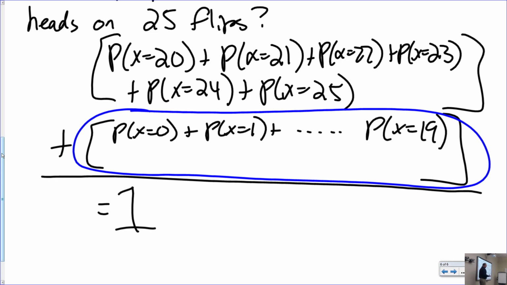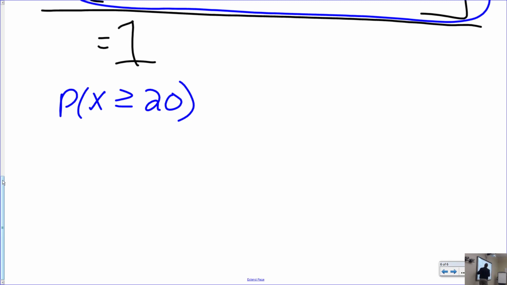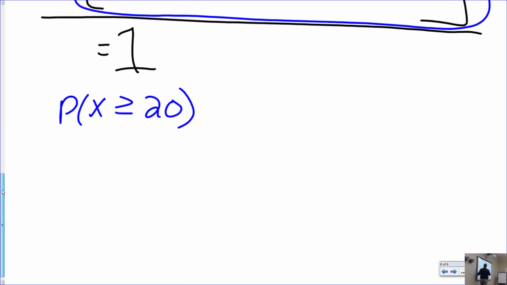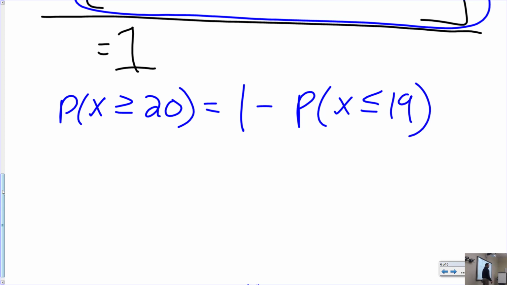That's one of those probability sums that you should always be able to throw around as needed. The sum of everything has to add up to 1, always. So the probability that x is greater than or equal to 20, which is our 20, 21, 22, 23, 24, and 25, is the same as 1 minus the probability that x is less than or equal to 19. And this is counting down.